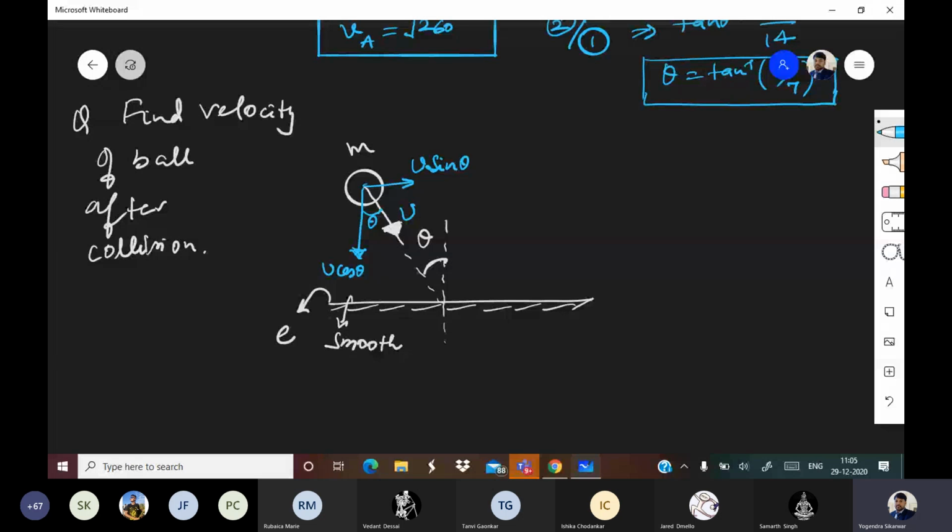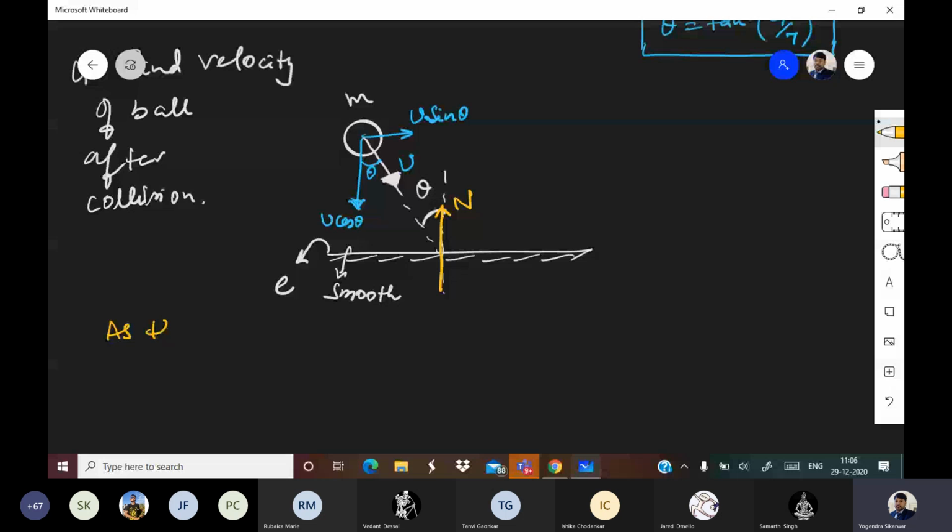When the ball is going to be in contact with ground, or in other words when the ball is going to collide with ground, the ground is going to exert force on the ball. That force will be normal reaction, and that will be perpendicular to the surface. As the ground is smooth, it cannot exert any force along the surface.